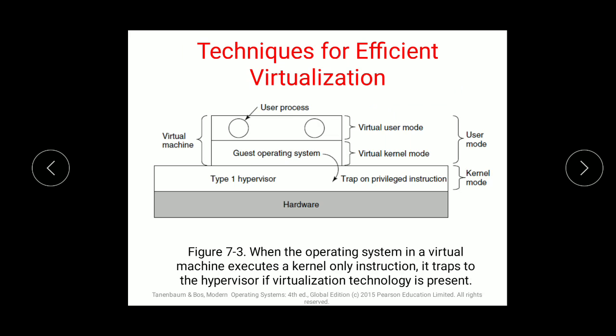Then there are techniques of efficient virtualization, how your virtualization technique works. The most significant issues are virtualizability and performance. Giving you the virtualization process, that is making it virtual, and also maintaining performance are two different aspects which a person has to balance while virtualizing a particular environment.